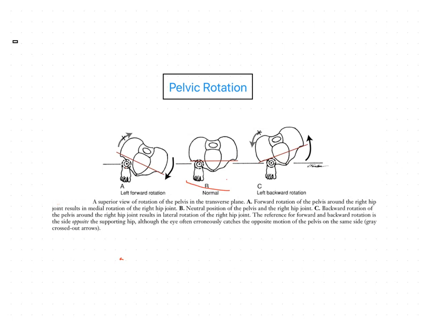Forward rotation of the pelvis occurs when the side of the pelvis opposite to the supporting hip joint moves anteriorly. That means forward rotation can be defined as when the side of the pelvis opposite to the supporting hip joint moves forward, or anteriorly, then it is called left forward rotation.